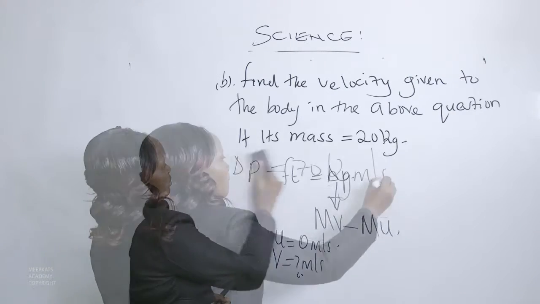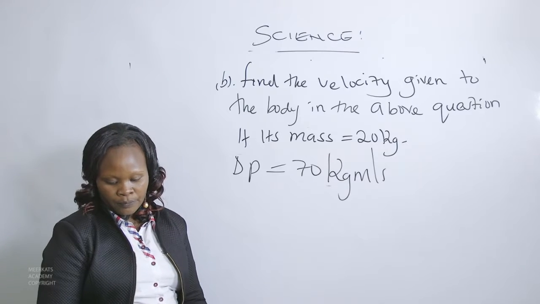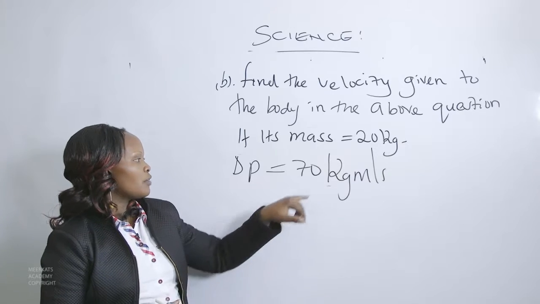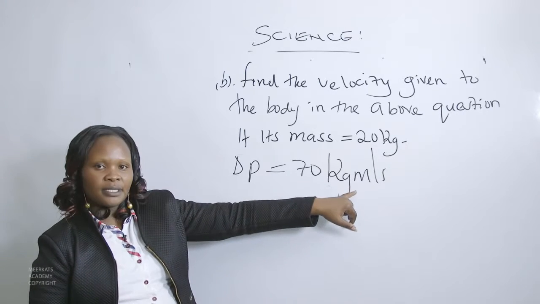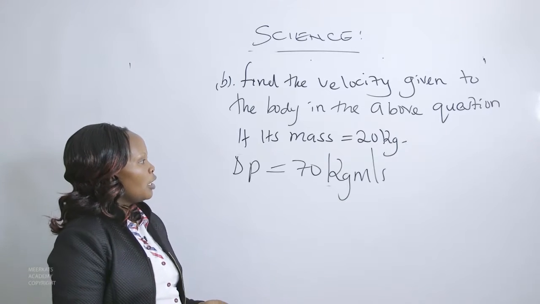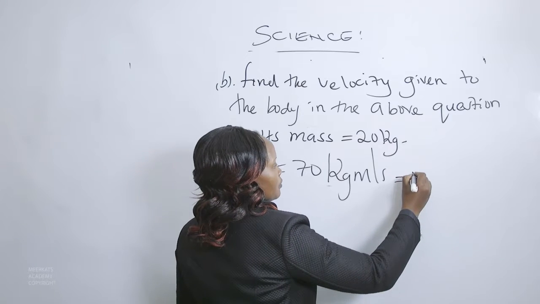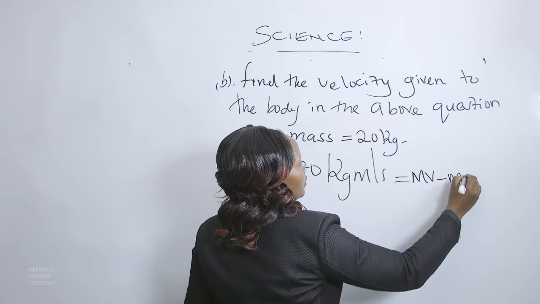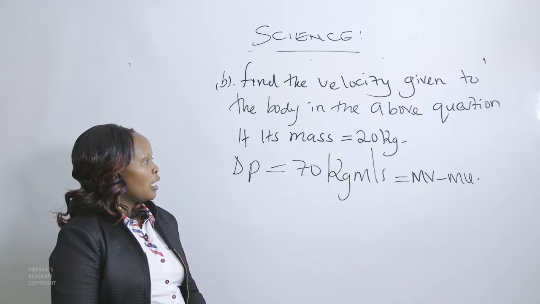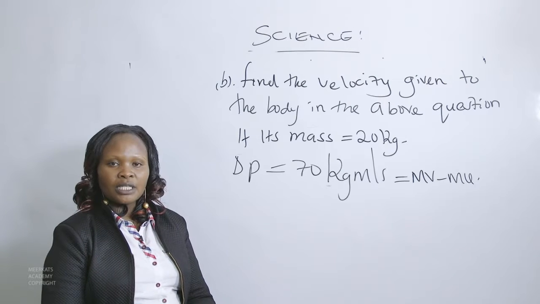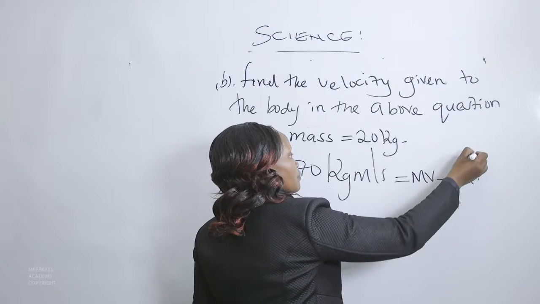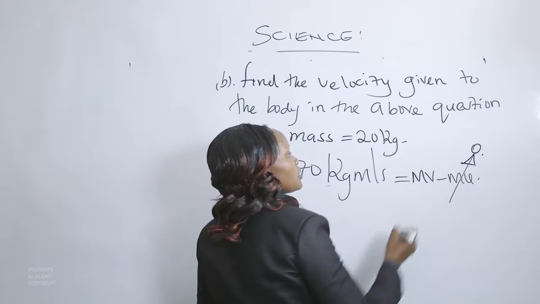Now, from our previous example, change in momentum was found to be 70 kilogram meters per second. And the change in momentum, we equate it to mv minus mu, and again we note that u was 0, so this term reduces to 0.